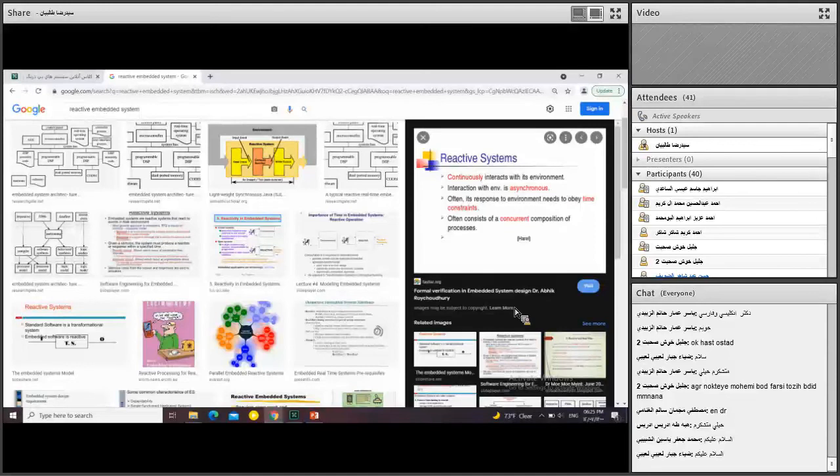Then it gets, for example, the signals from the environment, processes them, and then produces some outputs. This work can be done at a very high speed or with a very low time latency.